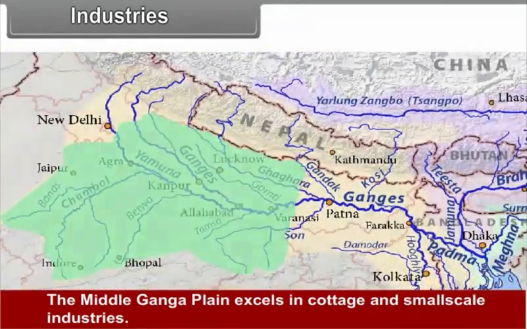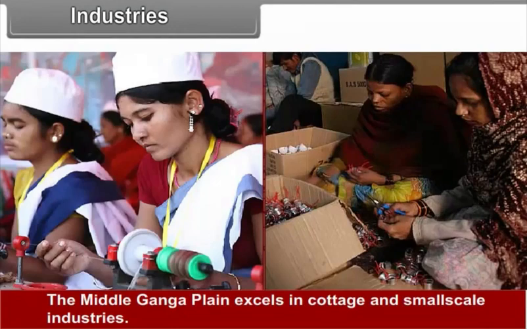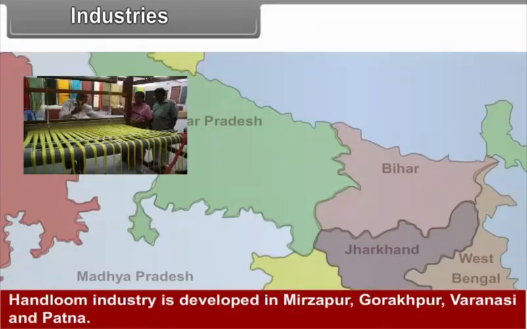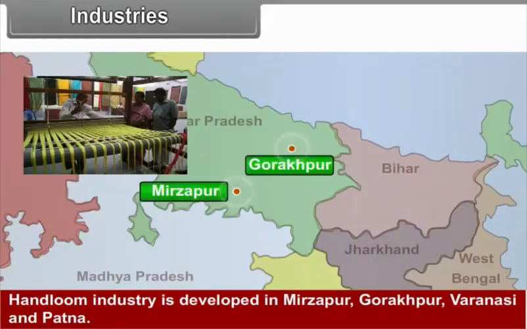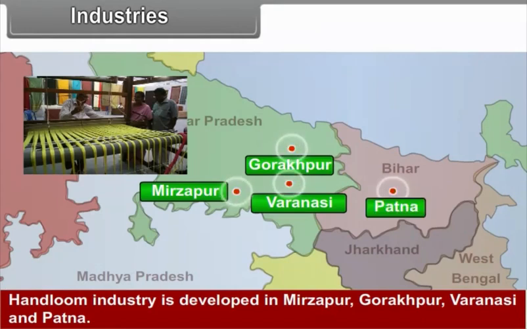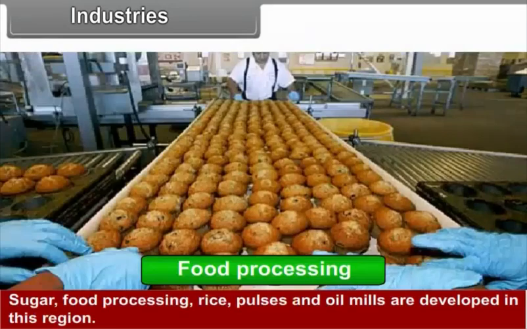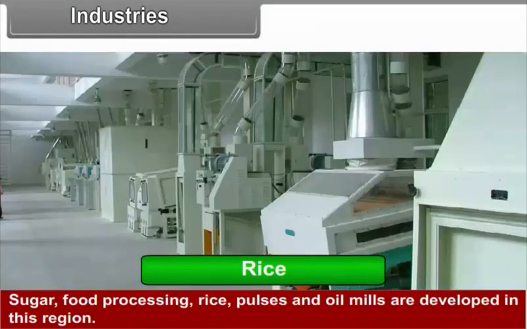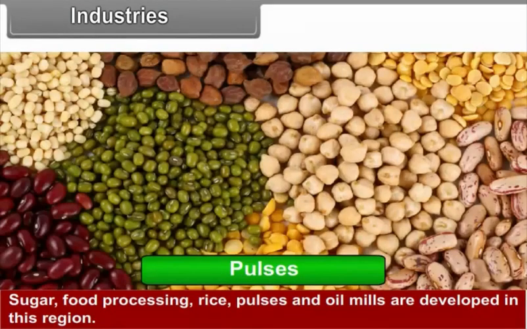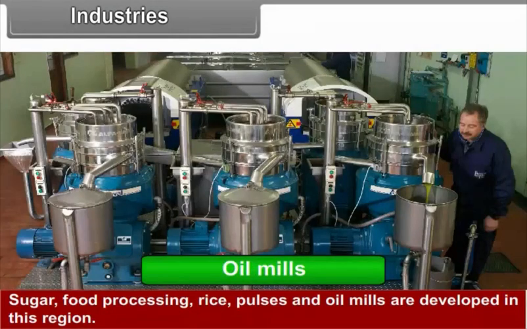The Middle Ganga Plain excels in cottage and small-scale industries. Handloom industry is developed in Mirzapur, Gorakhpur, Varanasi and Patna. Sugar, food processing, rice, pulses and oil mills are developed in this region.